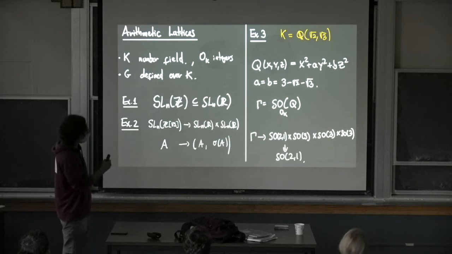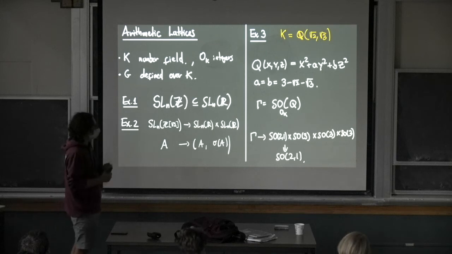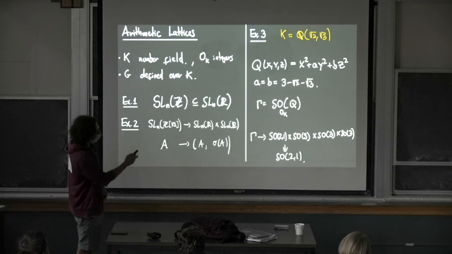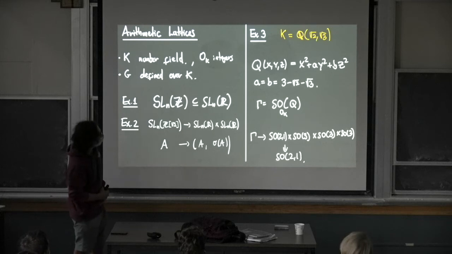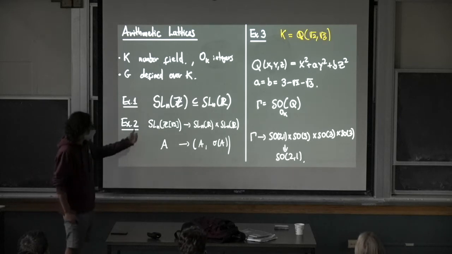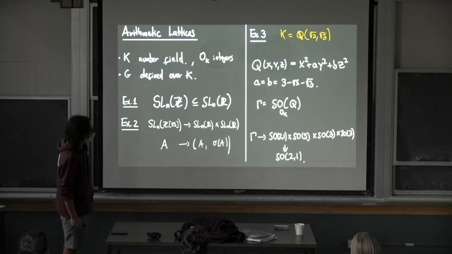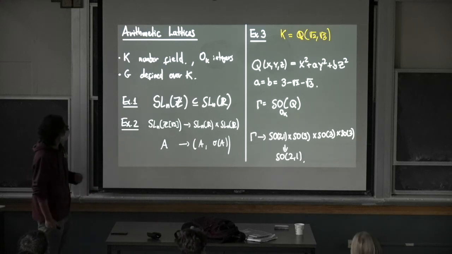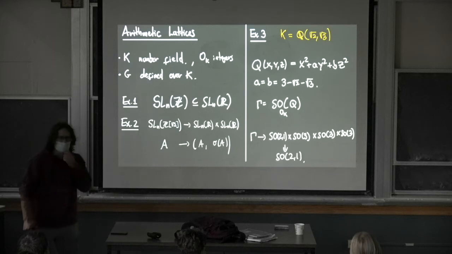So this lattice sits naturally in the product SO(2,1) and SO(3) three times, coming from the other 3 embeddings of this field. Okay, but you could project this lattice into SO(2,1), and that's still a lattice. Are there any questions?